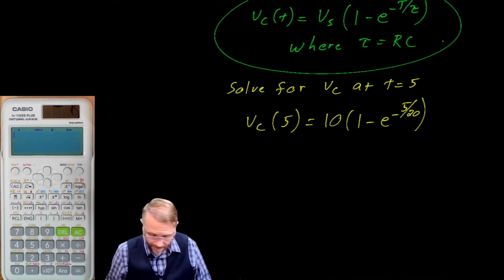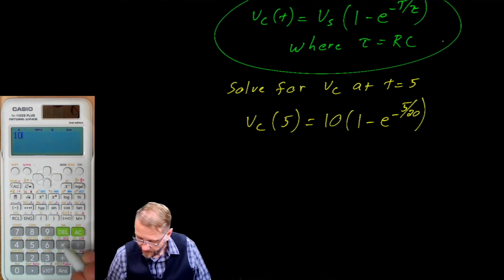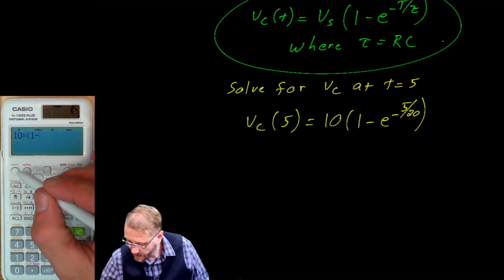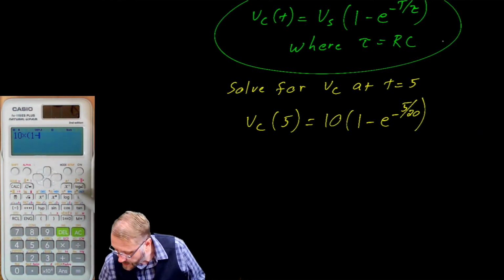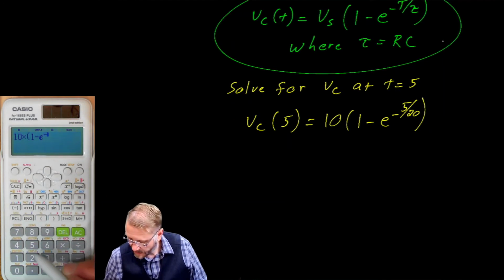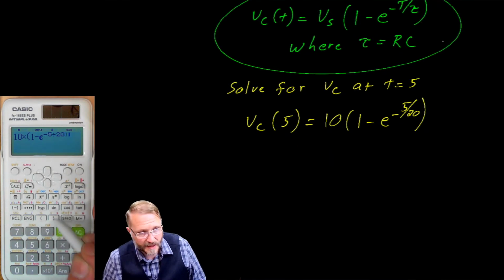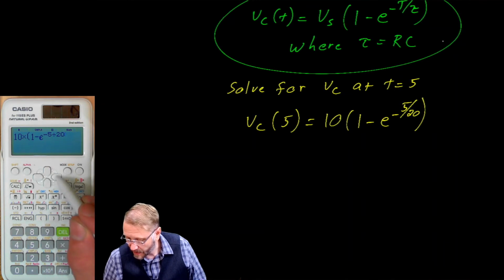Turn on the calculator. 10 times, parenthesis, 1 minus shift, and it's this button right here, e to the x. Then you go negative 5 divided by 20. But be careful. If we just put the parenthesis here, you see that it's in the wrong spot. It's too small. So back up, use this arrow here, shift and move it down.